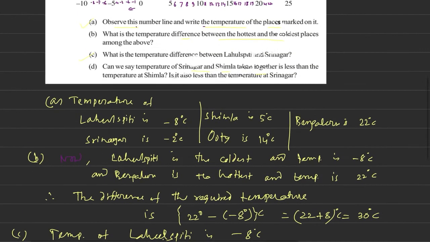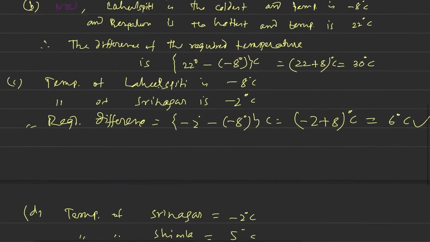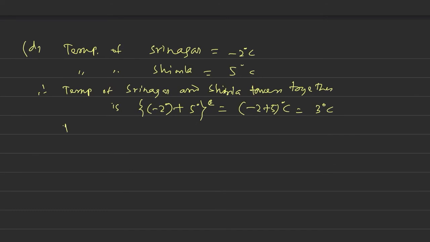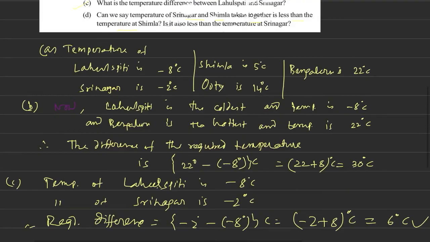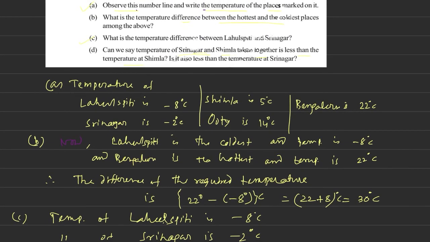And next, is it less than the temperature of Shimla? The temperature of Shimla is 5 degrees centigrade. Here 3 is less than 5, so it is true that the temperature of Srinagar and Shimla taken together is less than the temperature of Shimla.